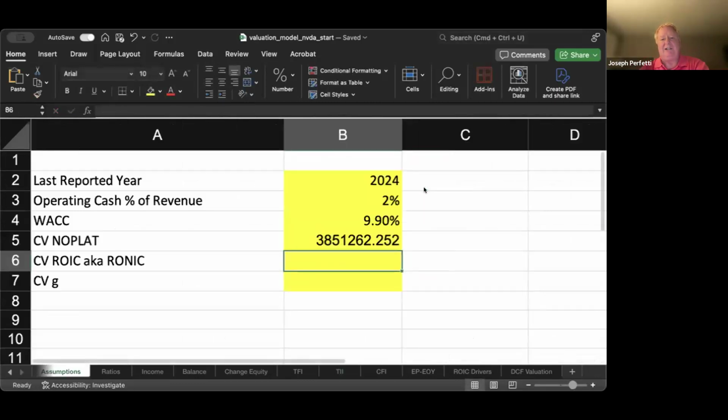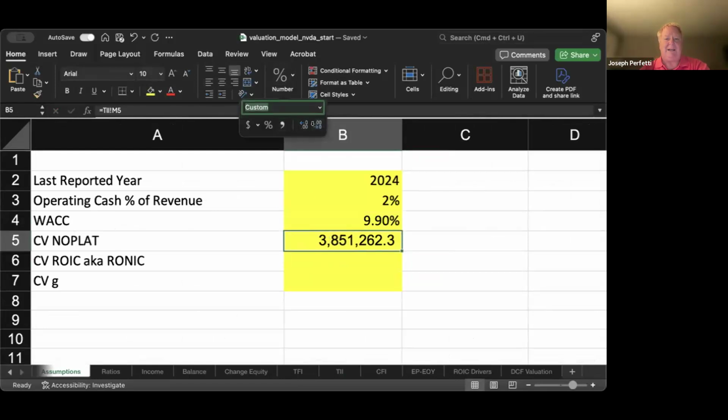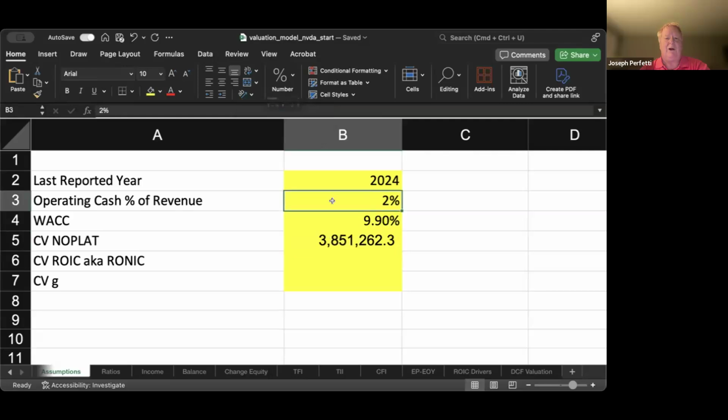Now this gets back to the book. When you value a company, a best practice is you always forecast 1 year more than your year-by-year short-term forecast. So translation, the first 5 years are the year-by-year forecast for Nvidia.